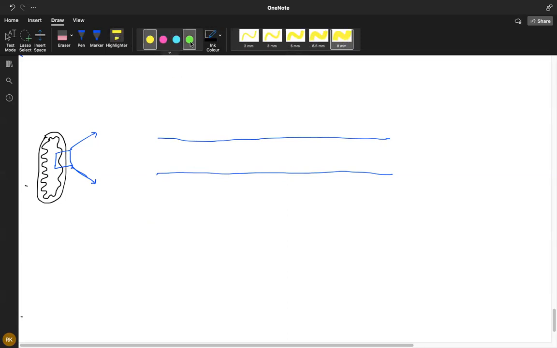The inner membrane would have enfoldings, so I've straightened it just to make things easier.